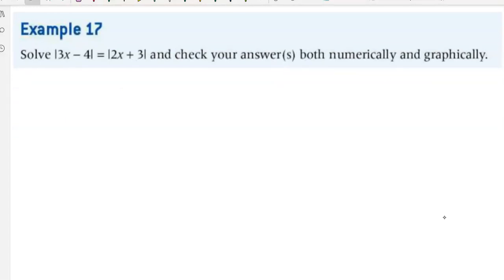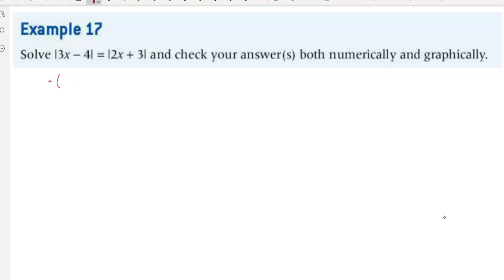Okay, so solve absolute value of 3x minus 4 equals 2x plus 3, and check your answers both numerically and graphically. To solve this, we need the positives and we need the negatives, but we have to choose one side to have the positive or negative.